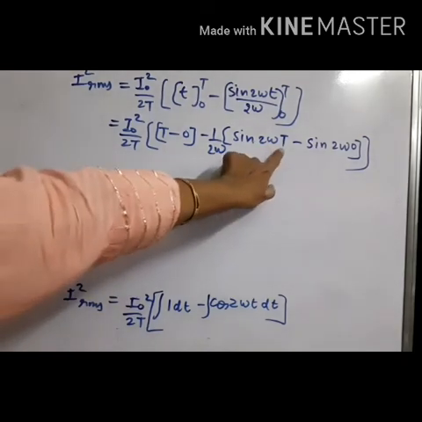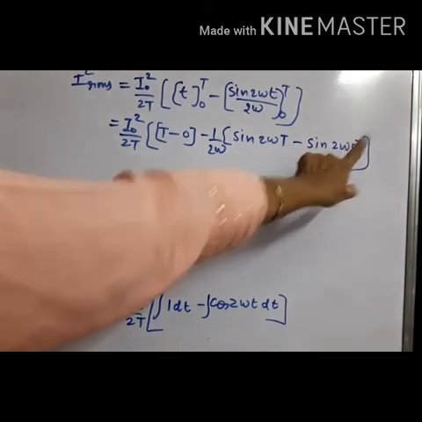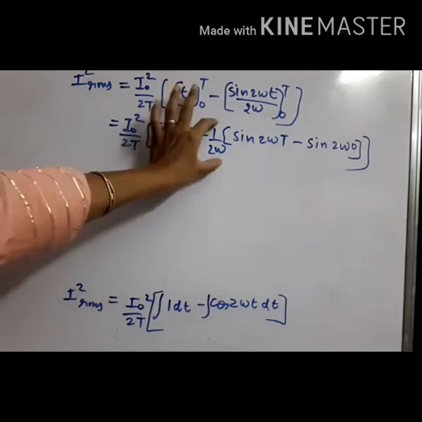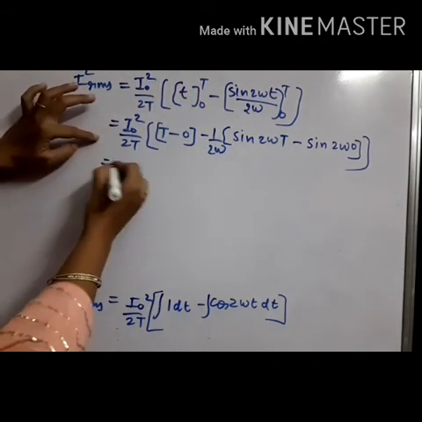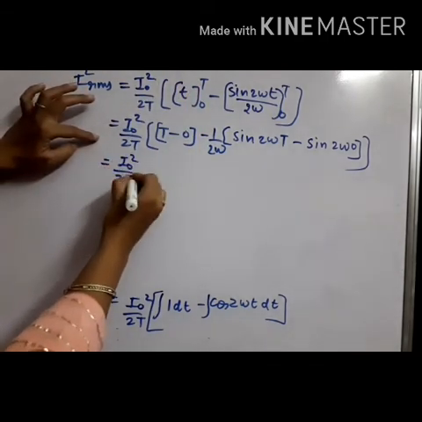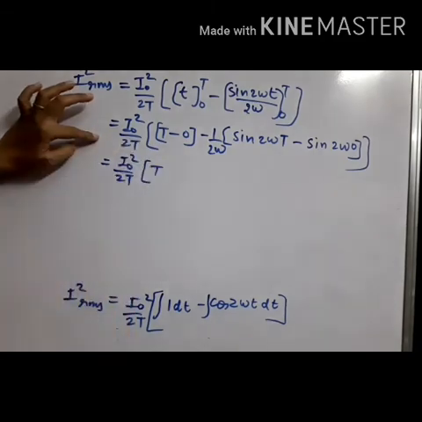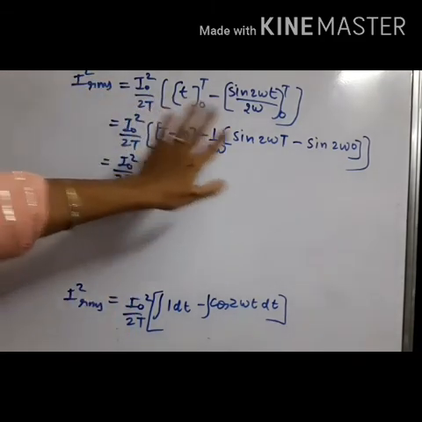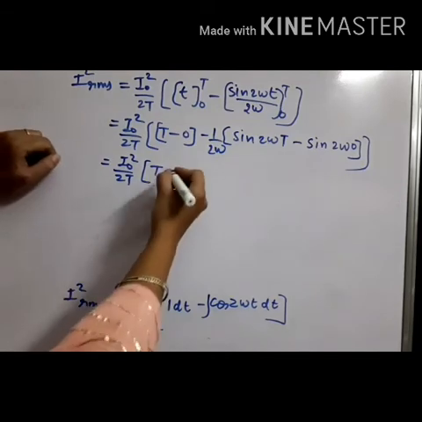So sine 2 omega upper limit minus sine 2 omega lower limit. Okay, this 2 omega is out. After that, now you see here T is only left, 0 I am not writing, and this box, let us solve.